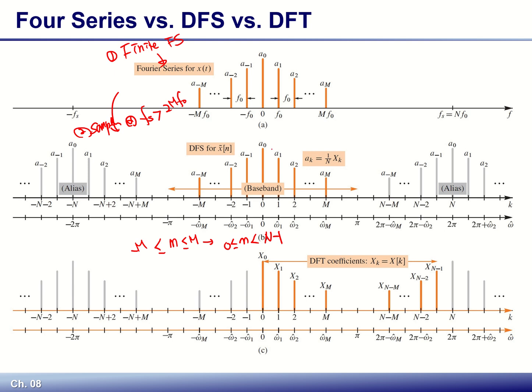Then the relationship between the Fourier series coefficients and the DFT will be 1 over N X[k] equals N a_k, N a_0, N a_N.